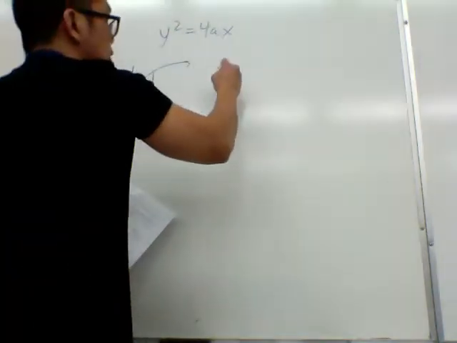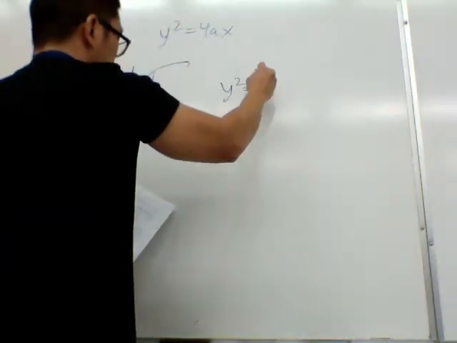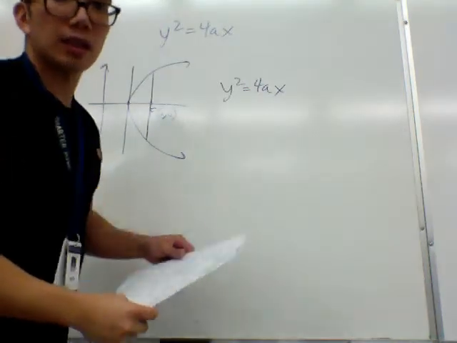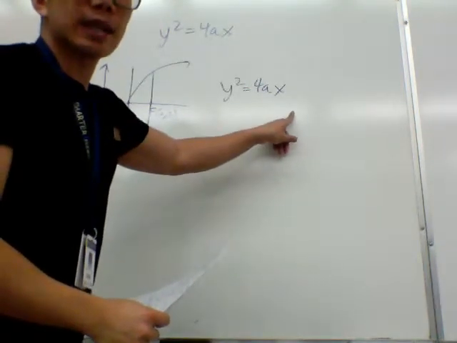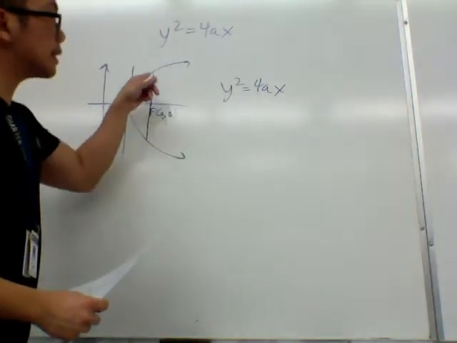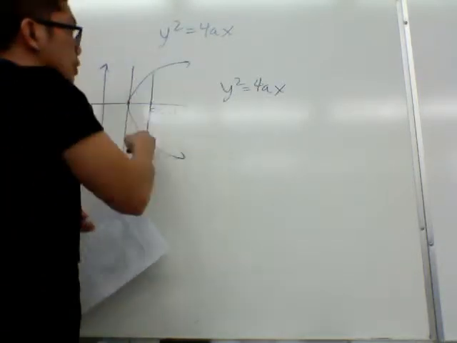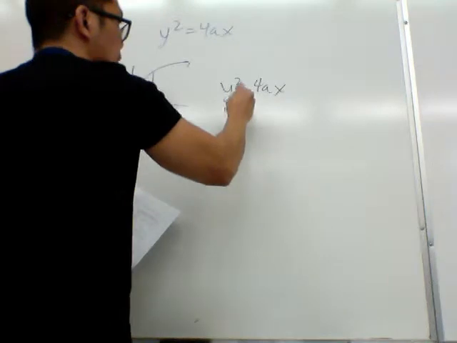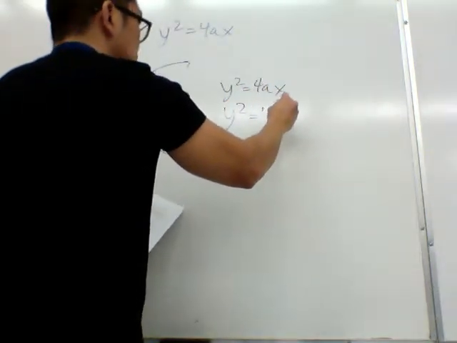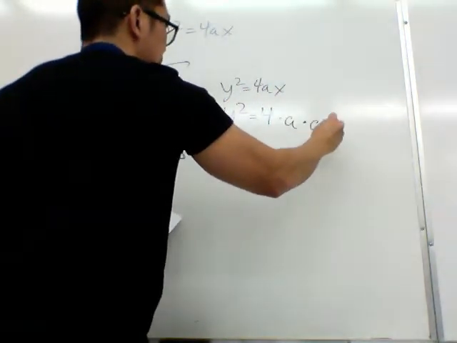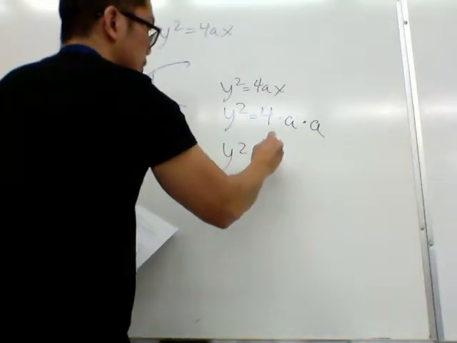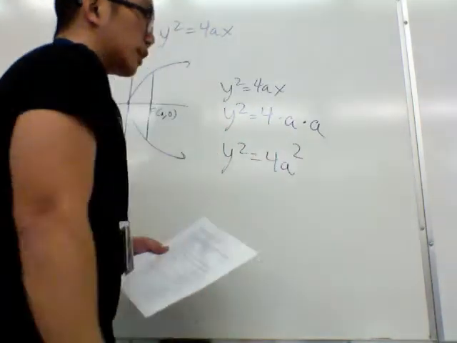Well, if that's our equation, y squared is equal to 4ax, I can replace x with a, because that is the x value at the focus. So at these points, x is a, so this becomes y squared is equal to 4 times a times a, which becomes y squared is equal to 4a squared.